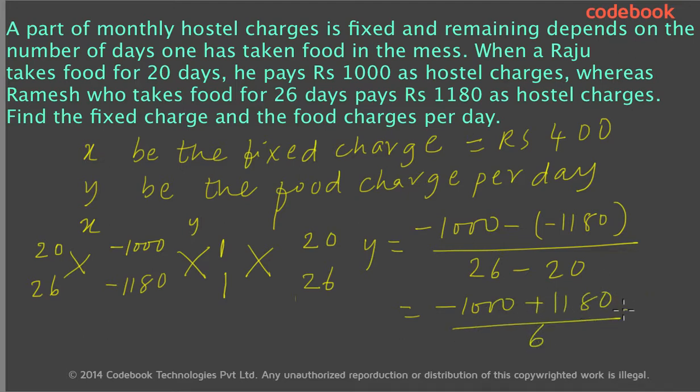This is nothing but 180 by 6. Six 30s are 180. So your Y is 30 rupees. So your fixed charge, which is the hostel fee, is 400 rupees and the food charge per day is 30 rupees. In this way you have applied the cross multiplication method to find the two unknowns in these equations.